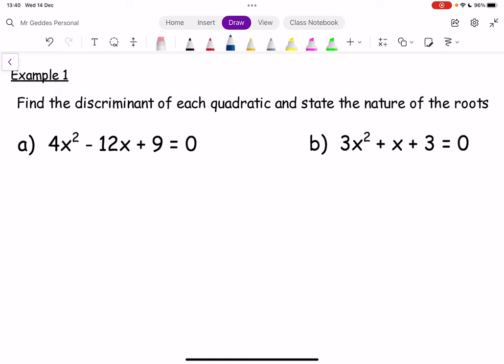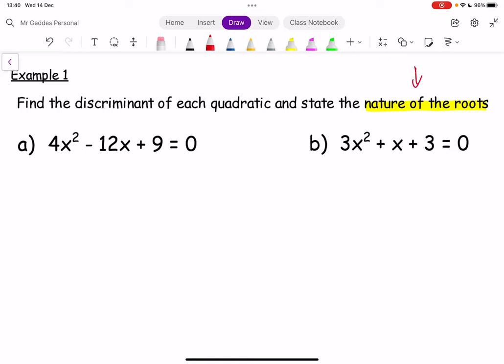And your clue for what type of question it is, it says the word nature of the roots, yeah? If you've got a good nature, if you're good natured, it's the type of person you are. We're looking for the nature of the roots, the type of roots that there are. Okay.